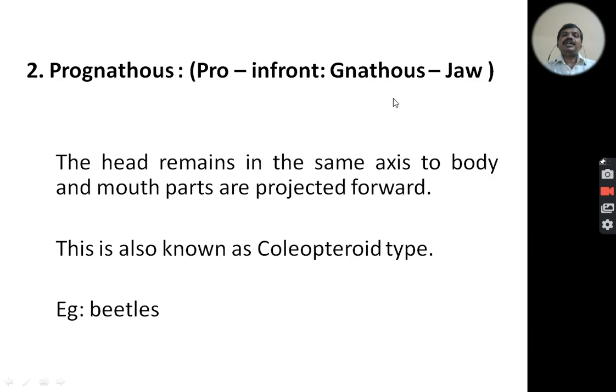Next is prognathous, meaning in front of the jaws. Pro means in front, gnathos means jaws. The head remains in the same axis as the body, in the anterior position, and the mouth parts are projected forwards. This is also known as the coleopteroid type.